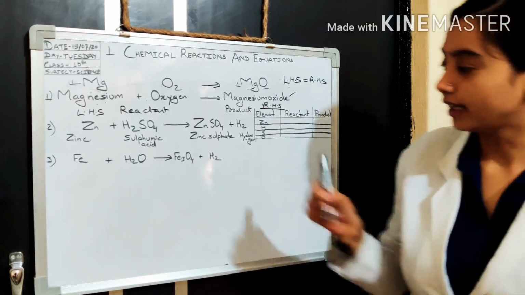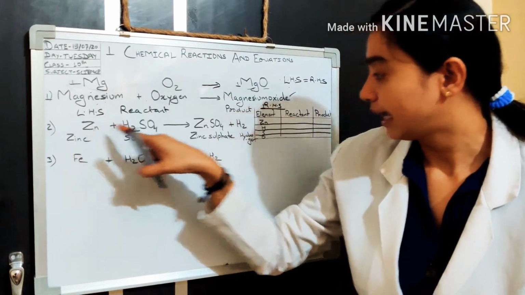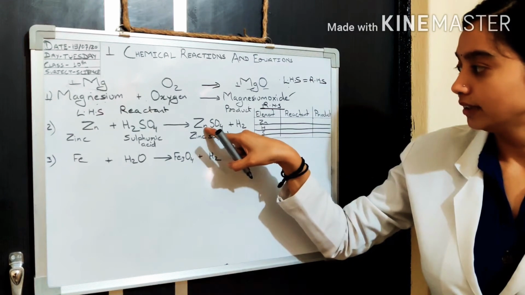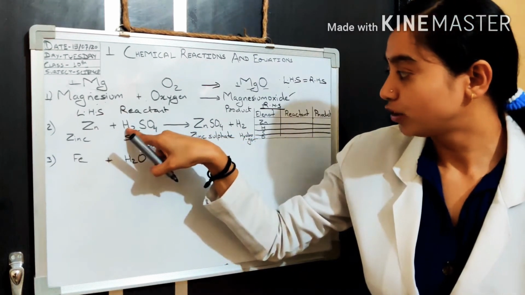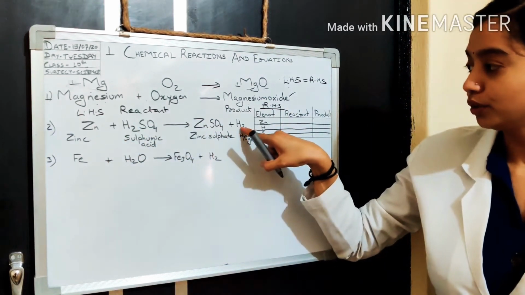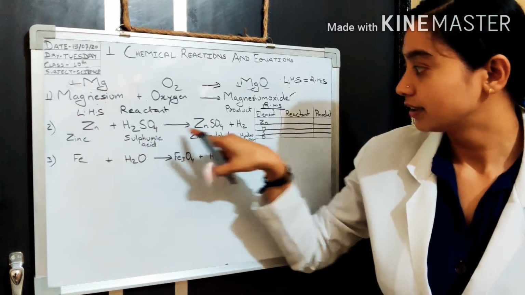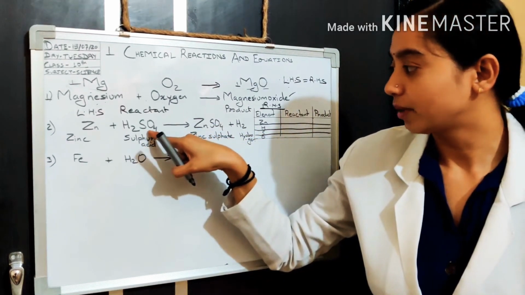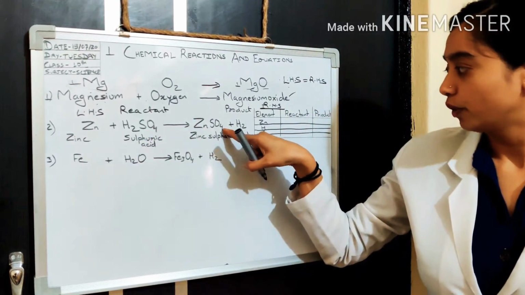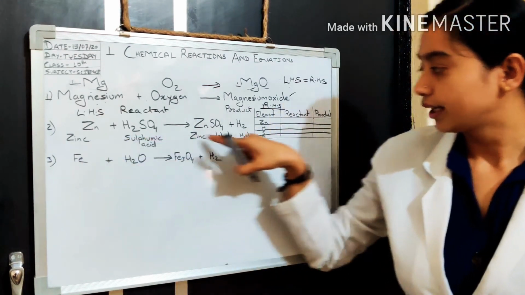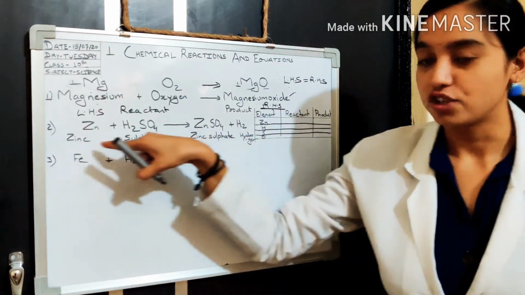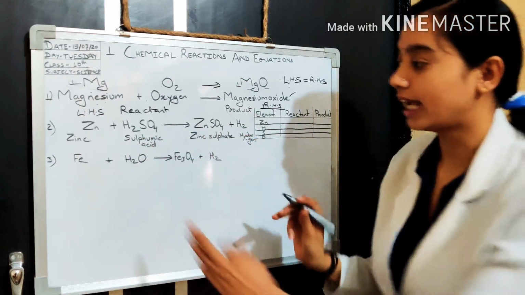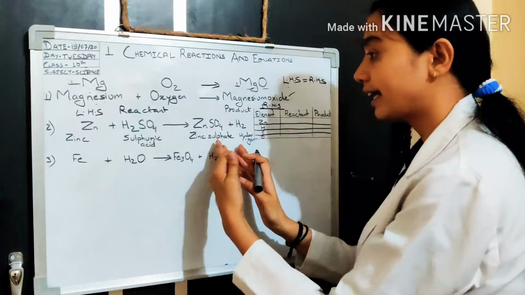Zinc atoms are 1 here and 1 here. Hydrogen atoms are 2, sulfur is 1, oxygen atoms are 4. So the equation is balanced, because the left hand side is equal to the right hand side.